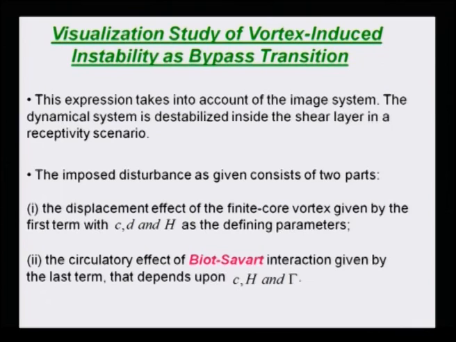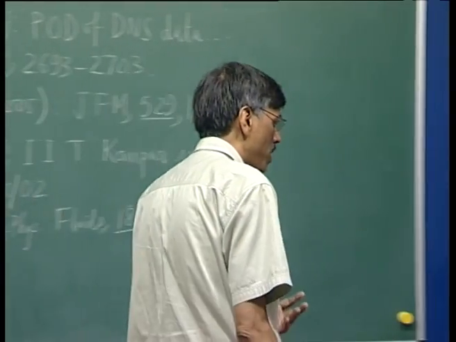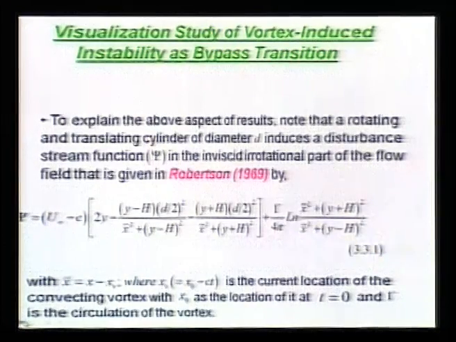The circulatory effect is basically nothing but your Biot-Savart interaction. That is very easy. From the expression we can see it depends on c, h and gamma. Now, you may ask me a question: we did not see the value of c appearing in the circulatory effect. How does it affect?